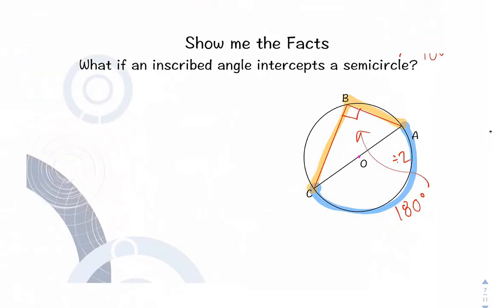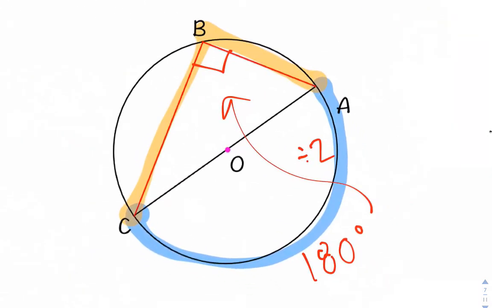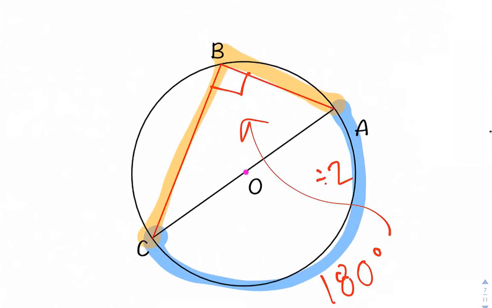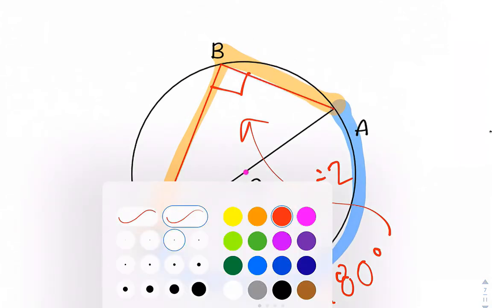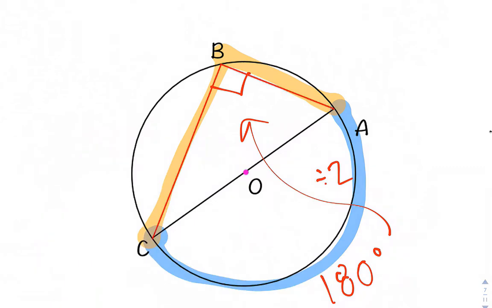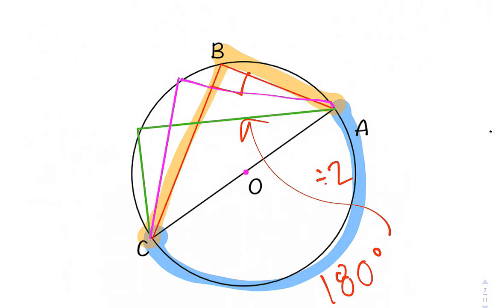Okay? And that's always going to be the case again, because if you have the same endpoints, A and C, well, I can make, let's make a green angle here. If I go from C up to here and ended at A, well, that's going to be 90 degrees as well. Or I could make a pink angle, let's say from C up to there, over to A, that's going to be 90 degrees.